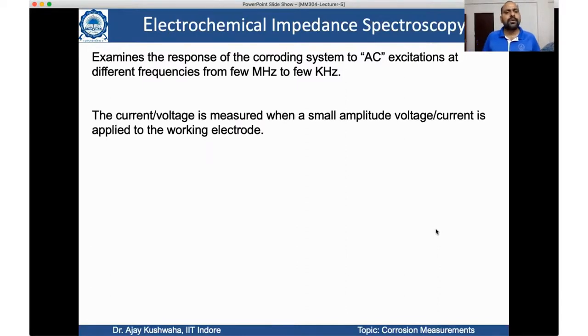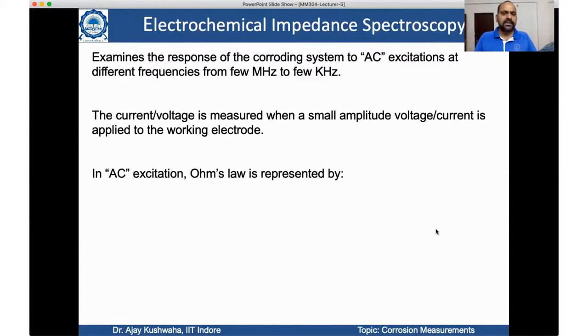The current and voltage are measured when a small amplitude of voltage or current is applied to the working electrode. Although we are applying AC current, within that AC we just select a very small component of voltage or current and apply it with varying frequency, and then we measure a few parameters.